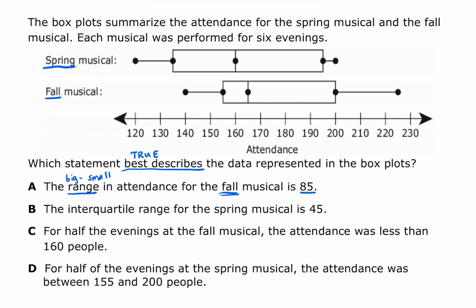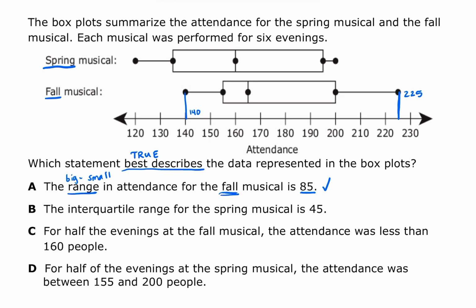So we want big minus small for fall. So my big would be right in between 220 and 230, so that'd be 225. And my small was actually right on 140, so we would need to subtract those two, okay? And 225 minus 140 is 85, so that is indeed a possible answer, okay?